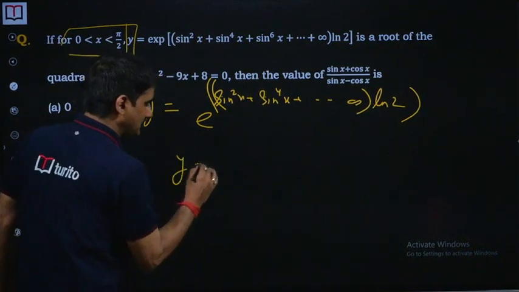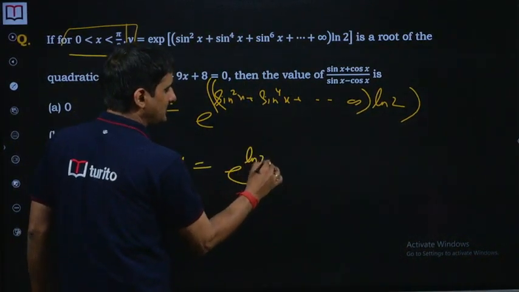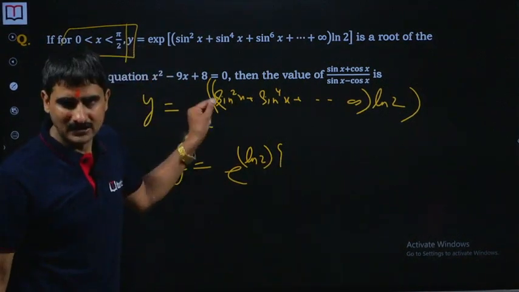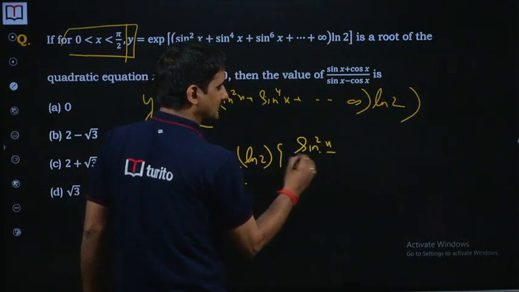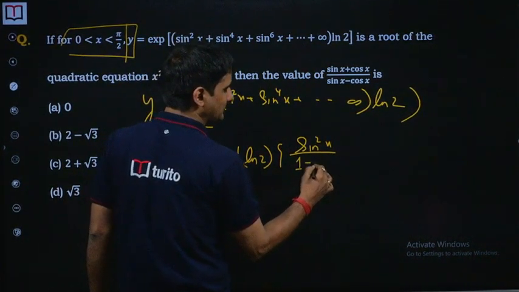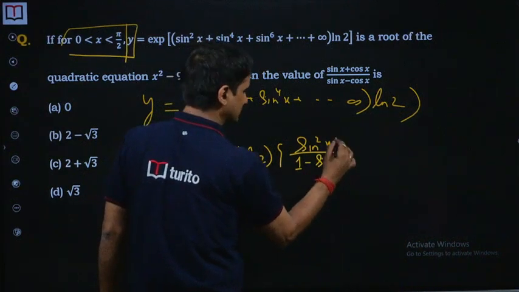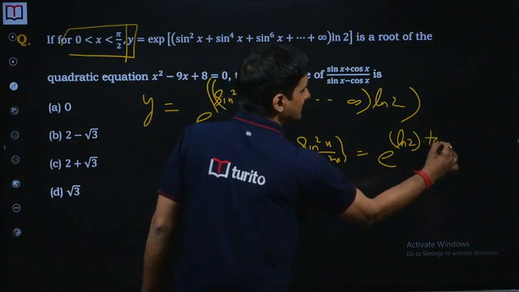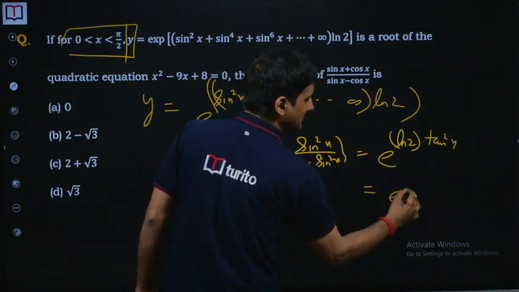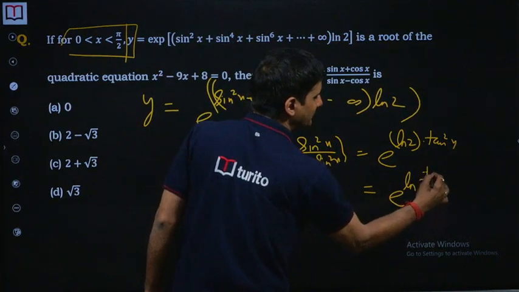So isn't that an infinite GP? The first term is sine square x, and the common ratio is again sine square x, so 1 minus r is 1 minus sine square x, which is cos square x. So e raised to the power ln 2 into tan square x, so I can write it as e raised to the power ln of 2 raised to the power tan square x.